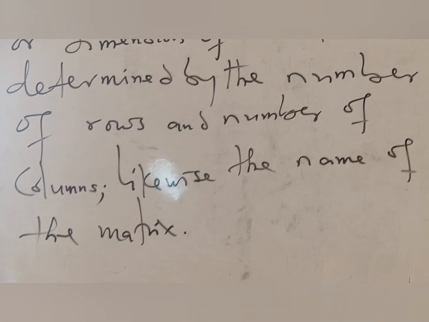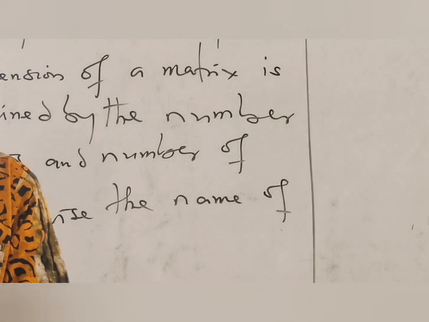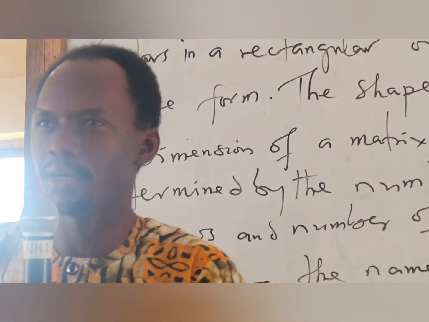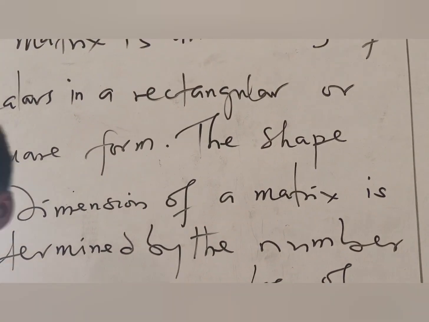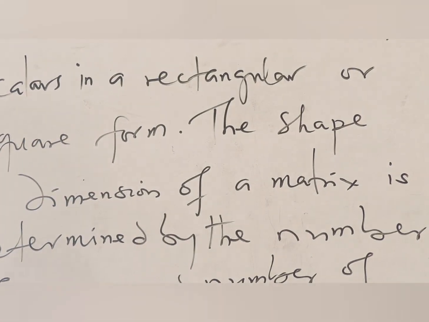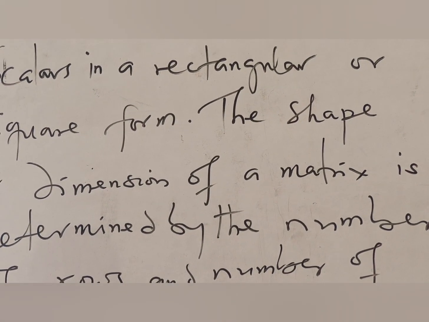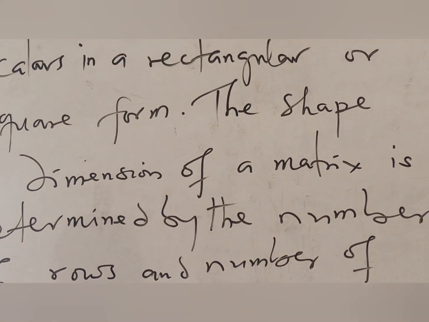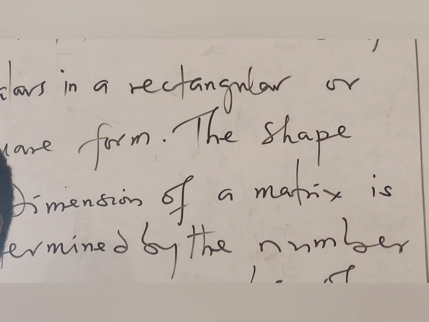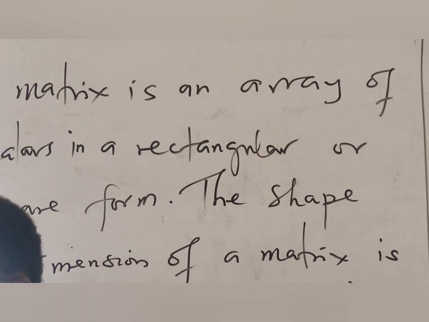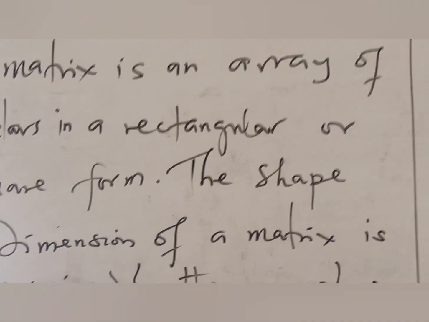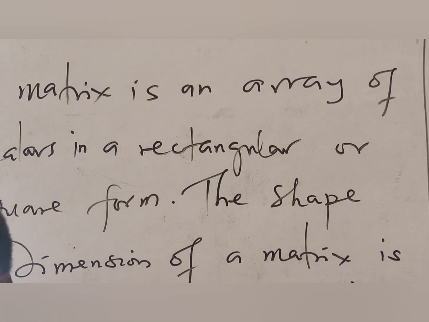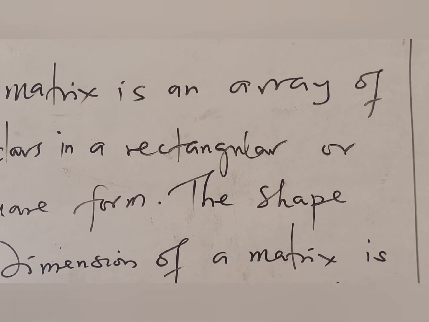Who knows what a row is and what a column is? What is a row? What is a column? Who can describe a row for us?